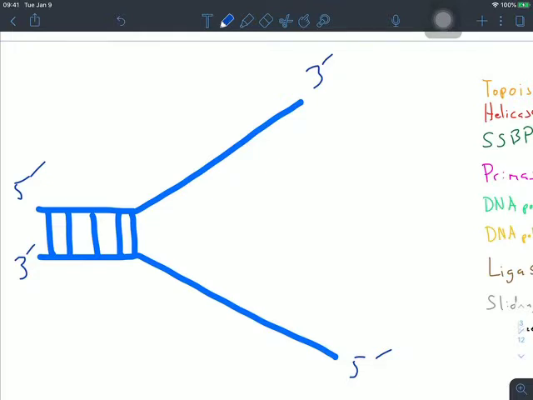Now, what does that mean in terms of leading and lagging? Well, if I have a 3' to a 5', that means the opposite side is going to be the 5' to the 3'. This is our leading strand.